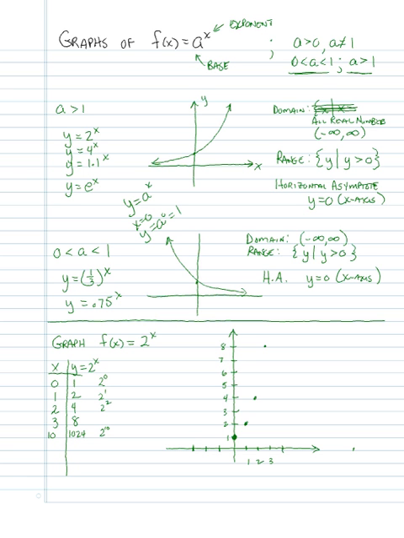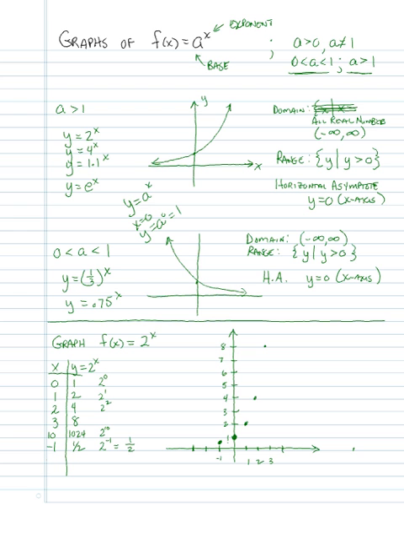Now, what I haven't done is chosen any negative x's, so I could choose -1 for x. Then y would be 2 to the power -1, which is the same as 1/2. Well, then if x is -1, here's -1, then y is only 1/2. That's about right there.